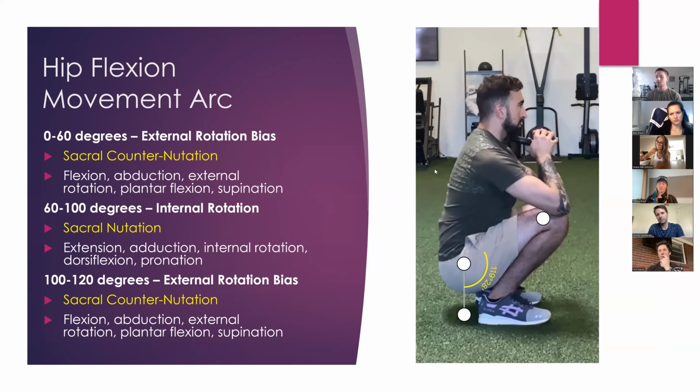Why would someone move into a butt wink in a squat? Why would someone have that rounded back as they move into this? This is a good squat from Trevor, but imagine someone moves into a squat and their butt tucks underneath them. Well, that's that 100 to 120 degrees of hip flexion range. Maybe they lack the relative motion to move from a position of internal rotation in that mid-range back to external rotation and counternutation.